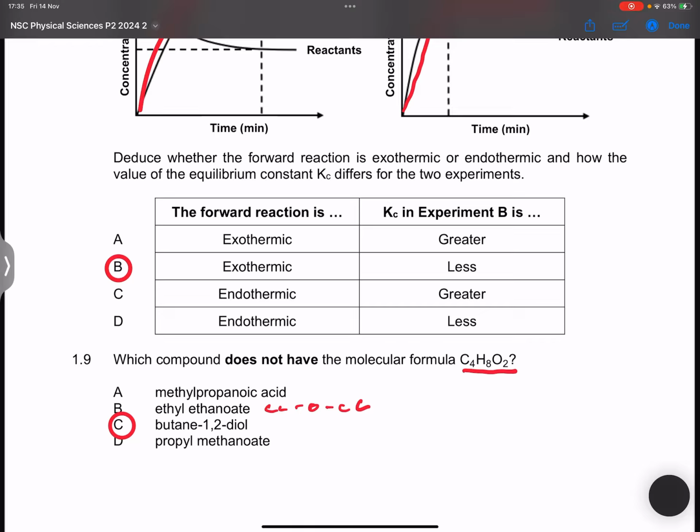You can try it out. And then finally, the propyl methanoate. Again, you've got 3 carbons and 1 that are separated by the oxygen. So it's 3 plus 1, which is 4 carbons all in all. So it must satisfy that condition.